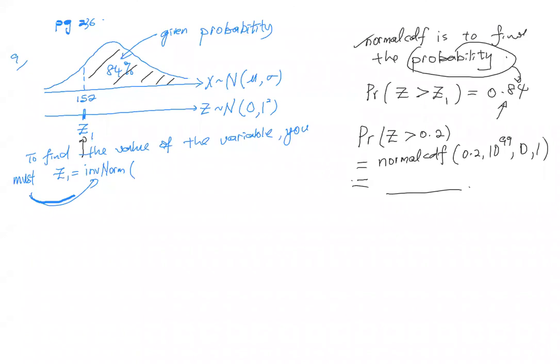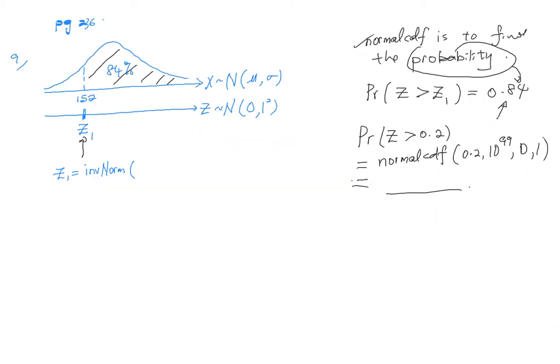Okay, use your inverse norm and find. Area 0.84. Depend on your version, 0, 1, right.